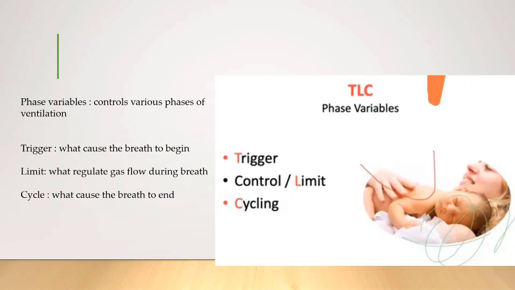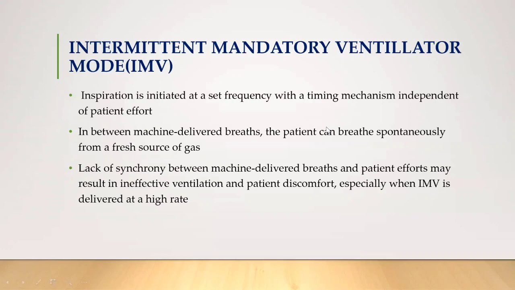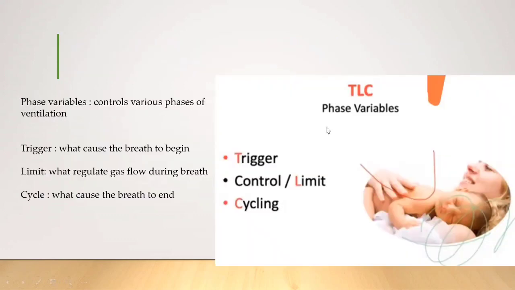Is there any confusion till here? So we told about trigger, we told about limit, we told about cycling. The cycling, flow cycling, this aspect was discussed yesterday. ഒരു ഗ്രാഫ് ഒക്കെ കാണിച്ചായിരുന്നു, ഒരു decelerating flow, ഒരു 25%. You remember that?